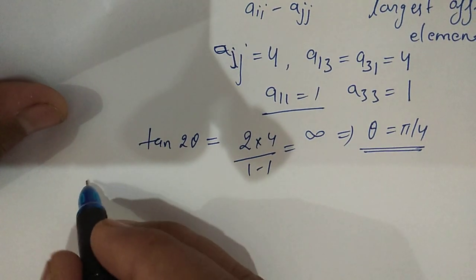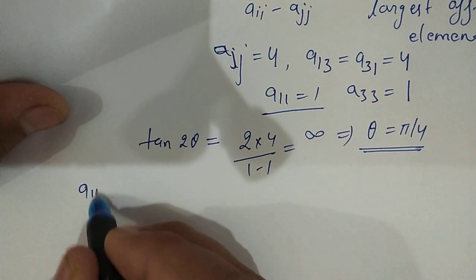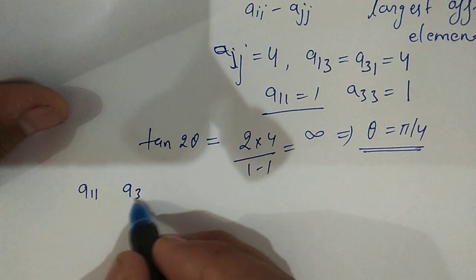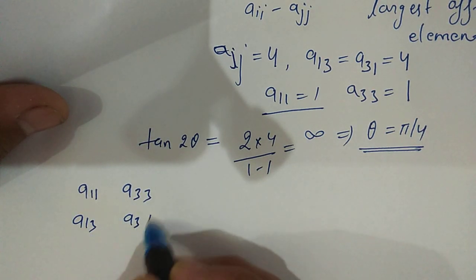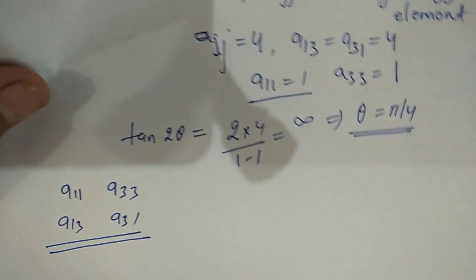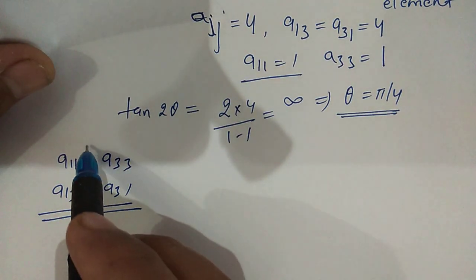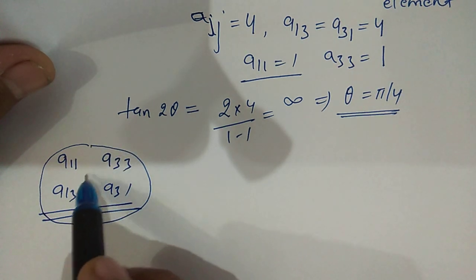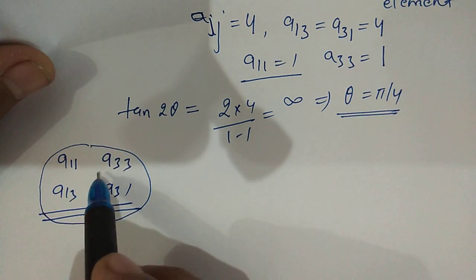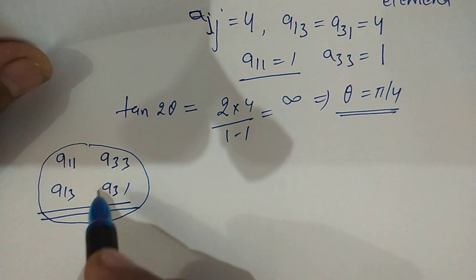So here we have the entries a11, a33, a13 and a31. So this is the rotation along the y-axis, because y does not appear here.